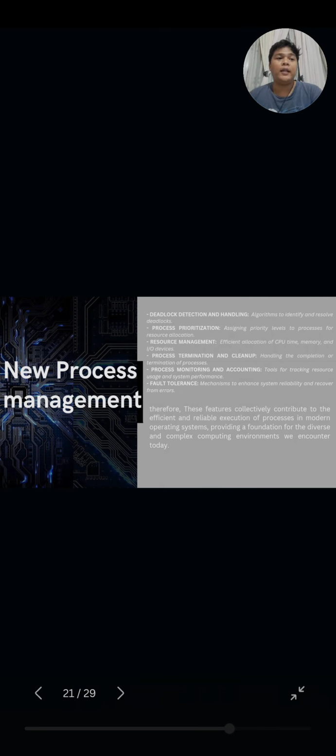Deadlock detection and handling, algorithms to identify and resolve deadlocks. Process prioritization, assigning priority levels to processes for resource allocation. Resource management, efficient allocation of CPU time, memory, and I/O devices.